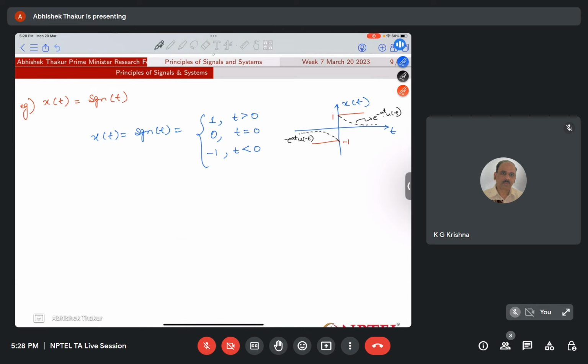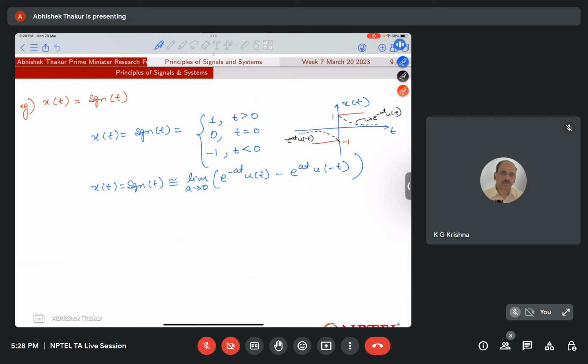When you substitute a tends to 0, this becomes flat and becomes the signum function. So we can write the signum function as an approximation: x(t) equal to sgn(t) is approximately equal to the limit a tends to 0 of e to the power minus a t u(t) minus e to the power a t u(minus t). In this way we can write our signum function.